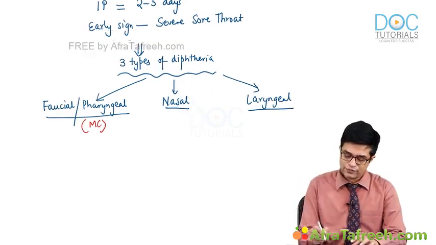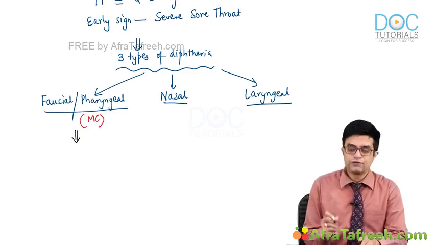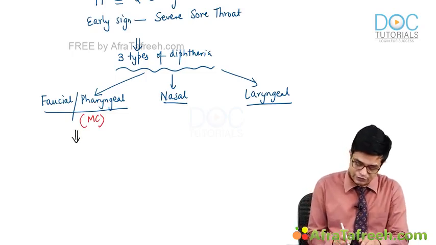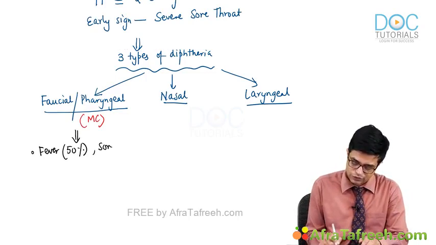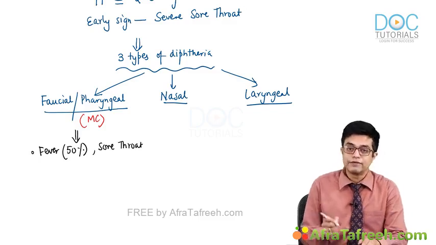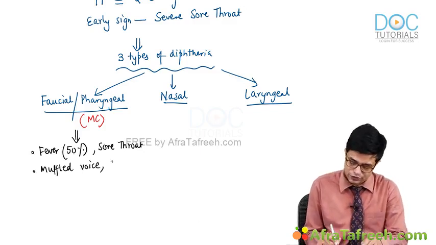Now, children who have this faucial diphtheria, what are the features that they tend to develop? In faucial or pharyngeal diphtheria, there will be fever present in only 50% of the cases. They will have sore throat, they will have a muffled voice, and many of them tend to develop edema locally, leading to dysphagia.